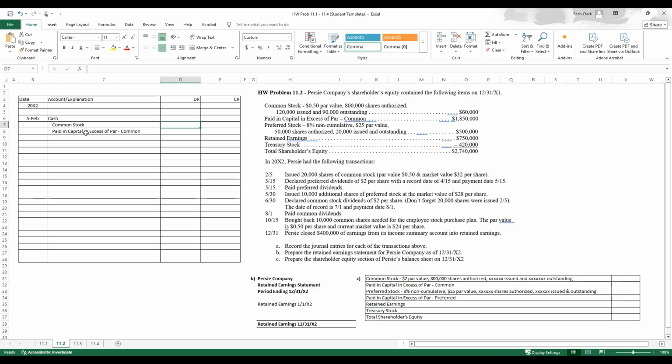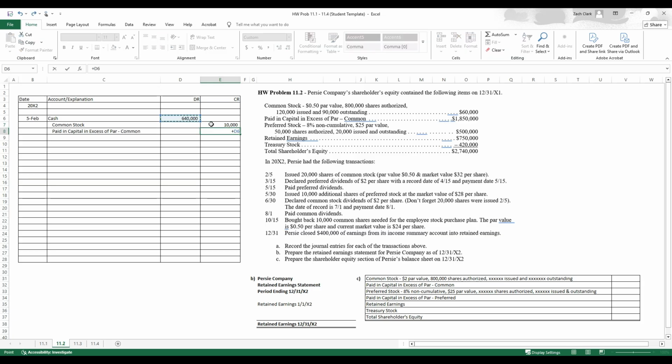Okay, so when we look at this, our total amount of cash coming in is the 20,000 shares we issued times the market value of $32 per share, so 640,000 cash. The common stock piece is just the par value, the 0.50 cents per share times 20,000 shares.